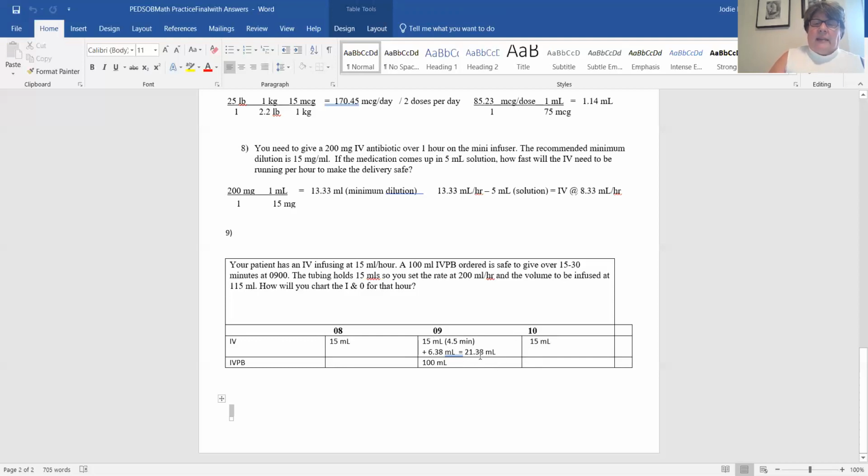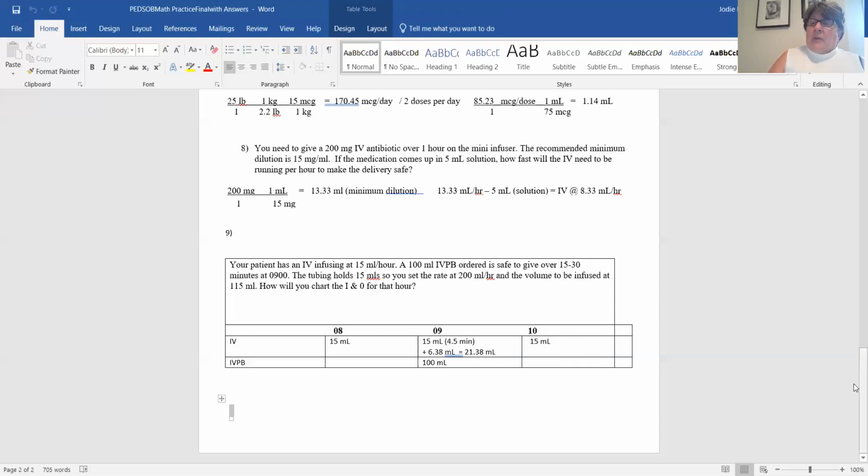So these two added together are 21.38 milliliters is what you have running from the IV with your tubing, and then the primary, and then this is your IV piggyback. And then at 10 o'clock, you'll just go back to a straight primary rate.